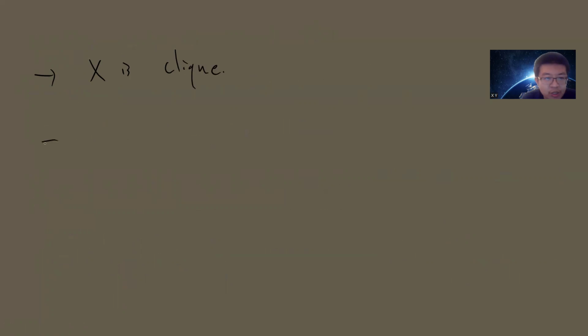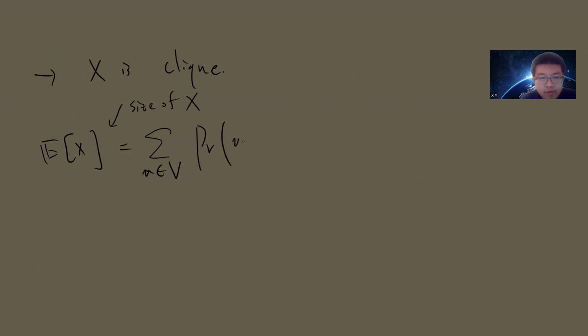So we can ask what is the expectation value of the size of X. Basically you consider all v belonging to the vertices, and the probability of v belonging to X. Now, since this graph is K_{r+1}-free, the size of the clique must be less than or equal to r.